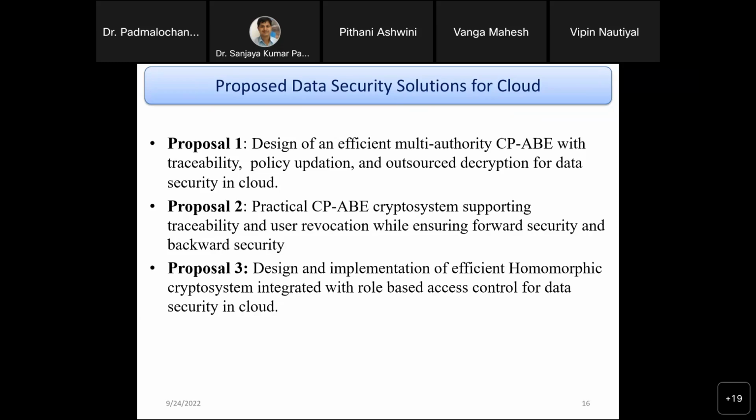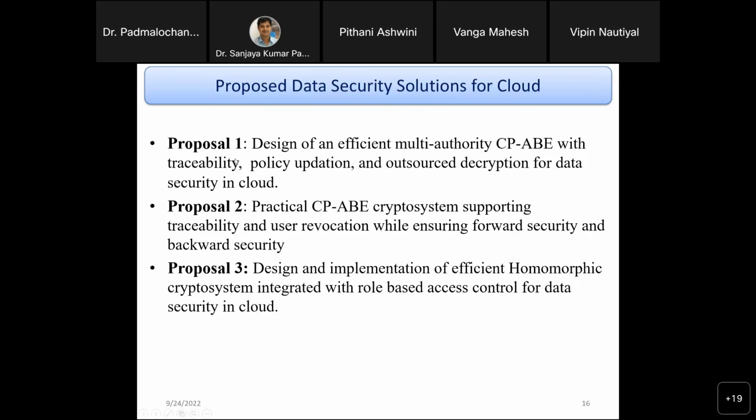So there are multiple authorities who manage the attributes of a user, and those attributes are used for providing fine-grained access control to the data. Thereby, the policies which are used for encryption come from attributes of multiple different authorities.